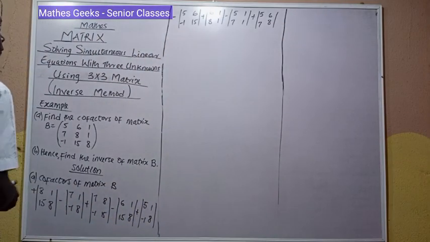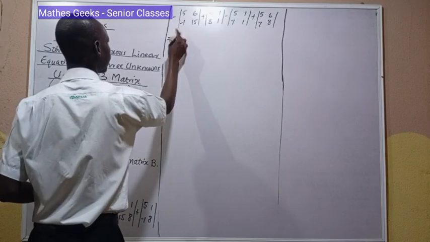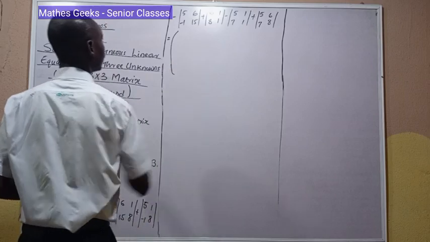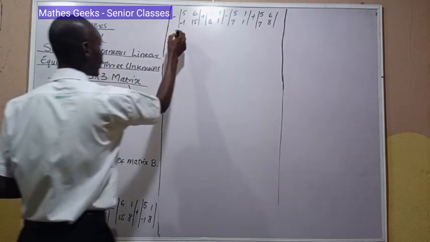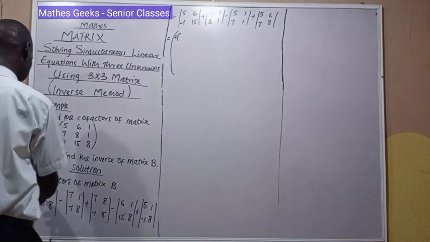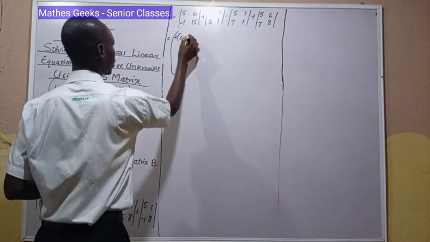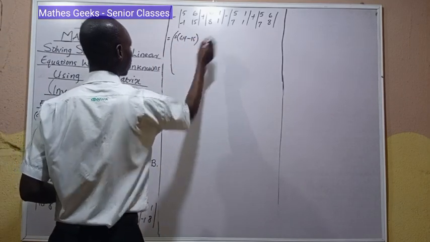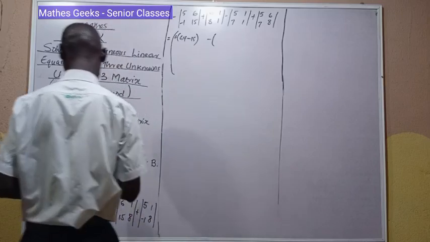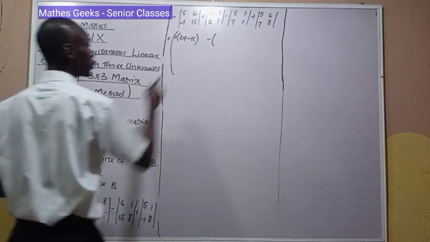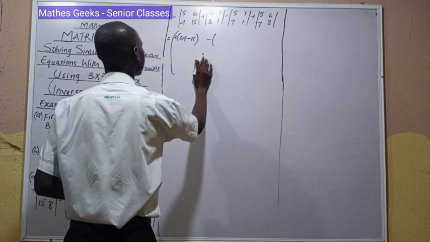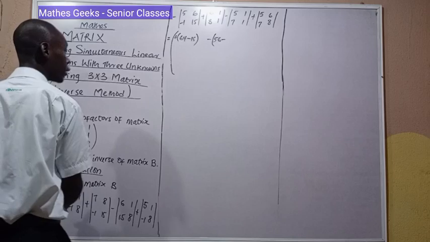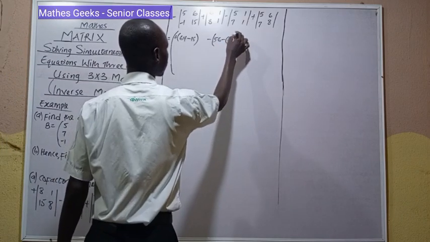So now this will give us the plus sign. 8 times 8 is 64, minus 1 times 15 is 15, so 64 minus 15. Minus 7 times 8 is 56, minus 1 times minus 1, plus minus 1.